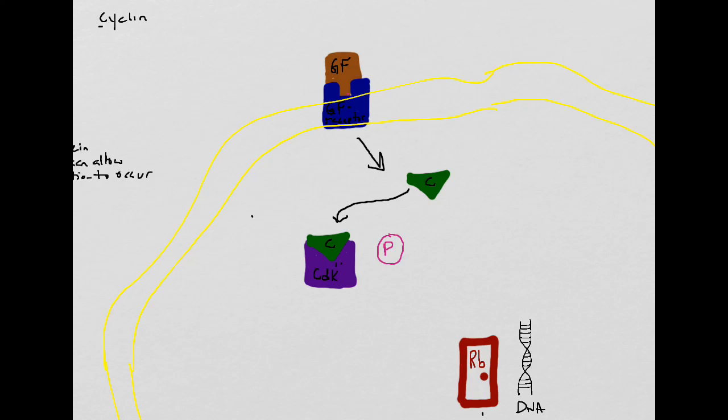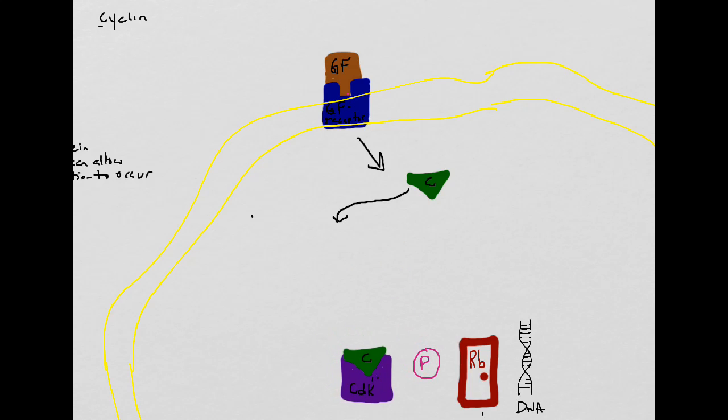Then it'll take the phosphate, let's grab him, and it'll bring it down here to RB, which I said is like a locked door. Its job is to block DNA replication, okay, until CDK phosphorylates it. When CDK phosphorylates it, the door is open.